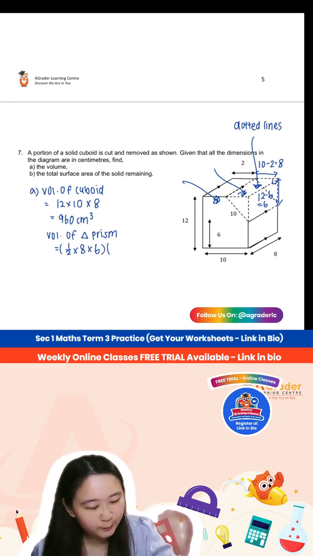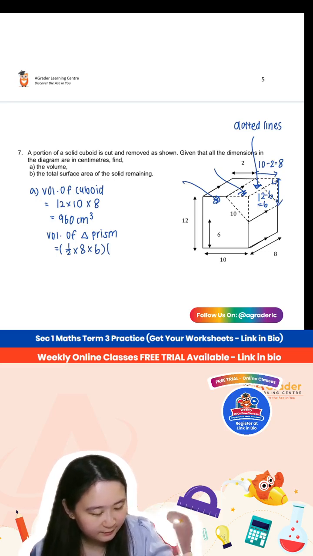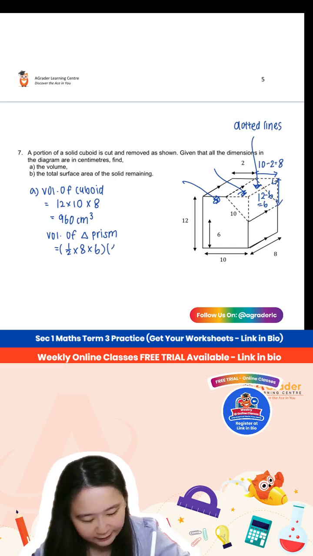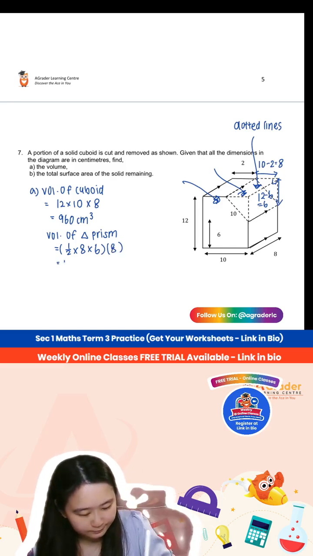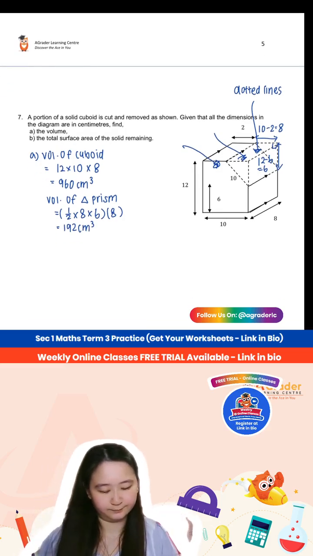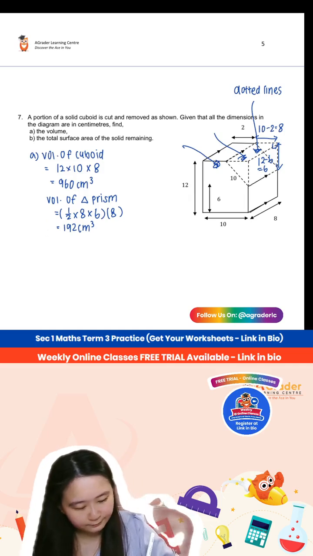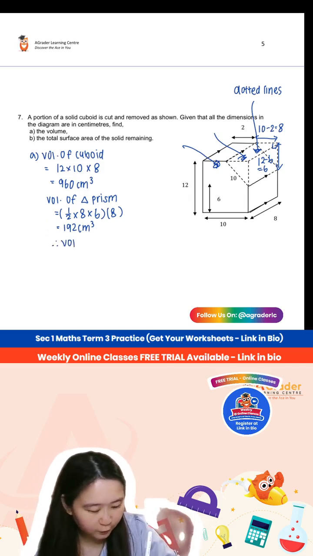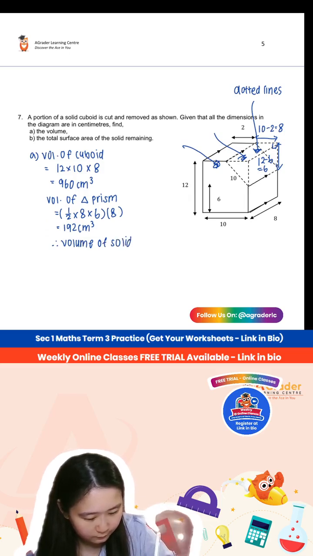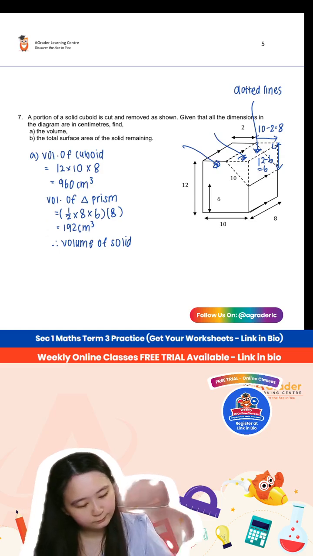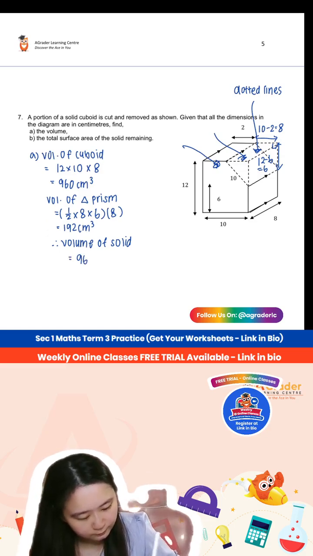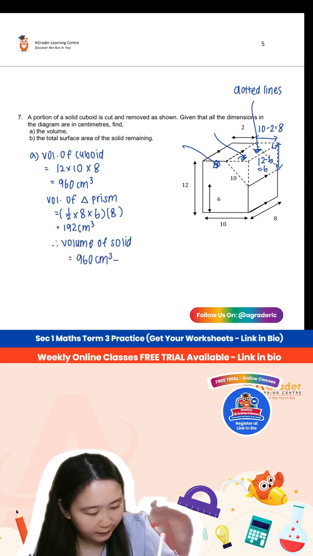Okay, then you multiply by the length, or rather the height, which is 8. Therefore the volume of the solid will be cuboid minus prism.